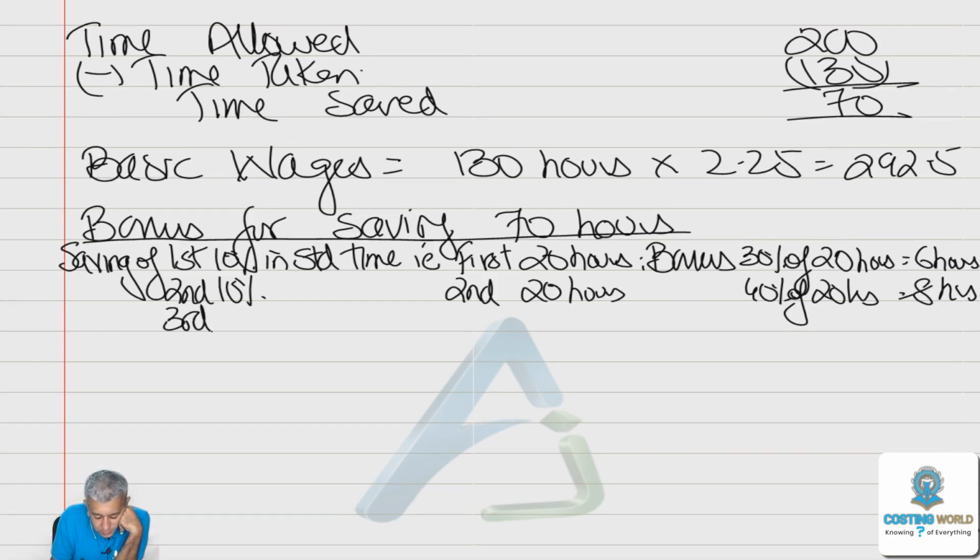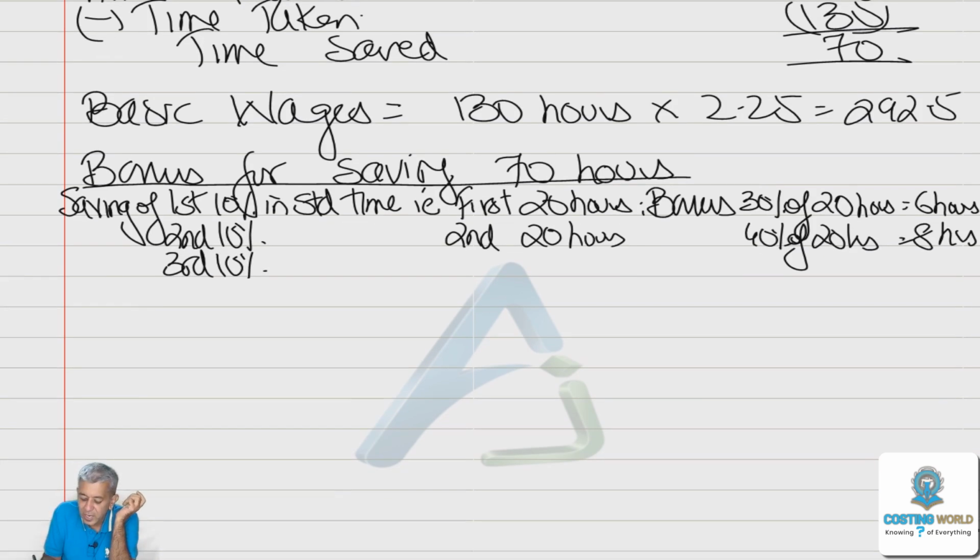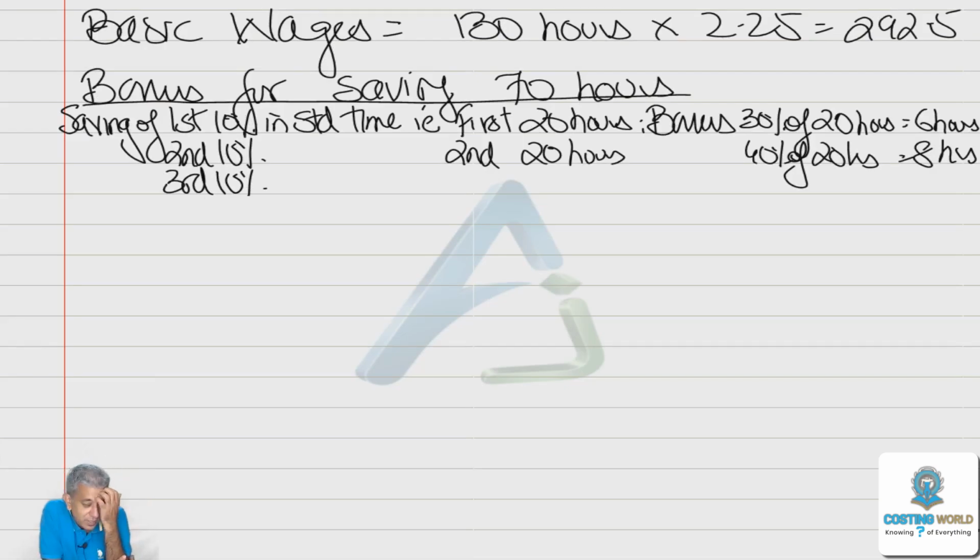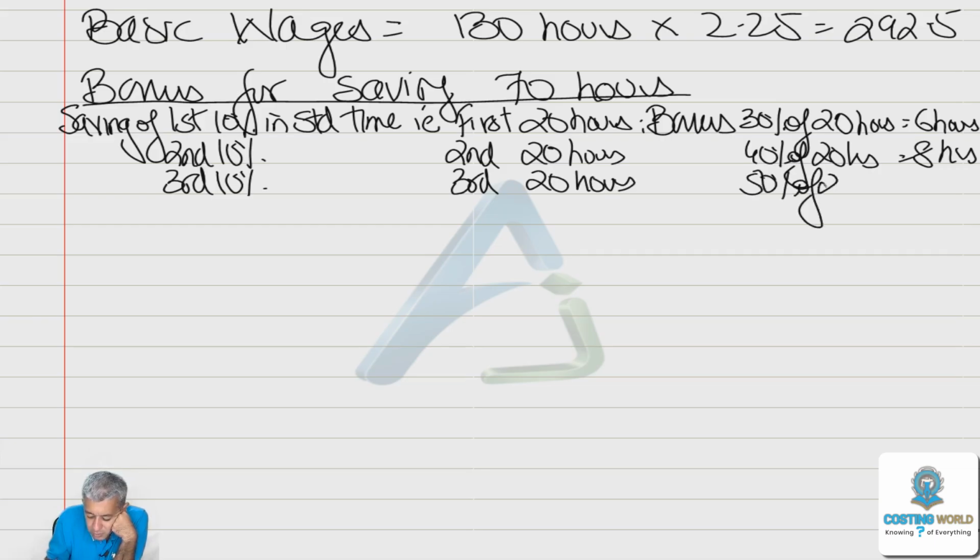Then, everybody tell me, then I am continuing further. Have you saved the next 10% also? Yes, sir. So this is the third 20 hours, 50% of 20 hours is equal to 10 hours.